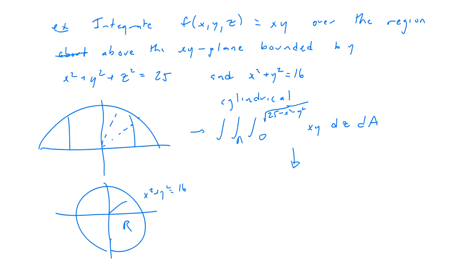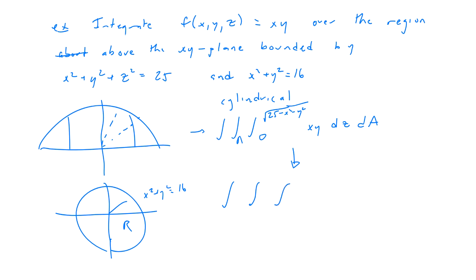You can, of course, do this in one step if you want. So when I bring it down, if I'm doing it dz, dr, d theta, I'll only do it in the steps here.